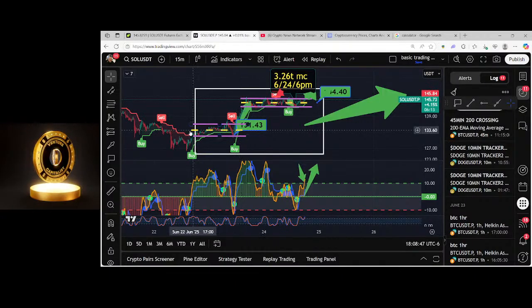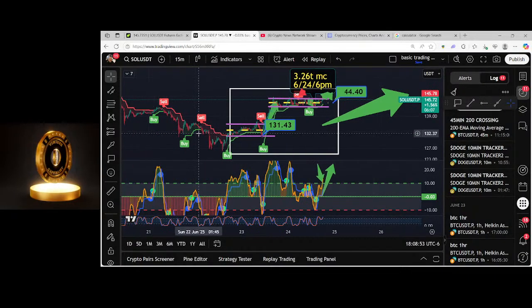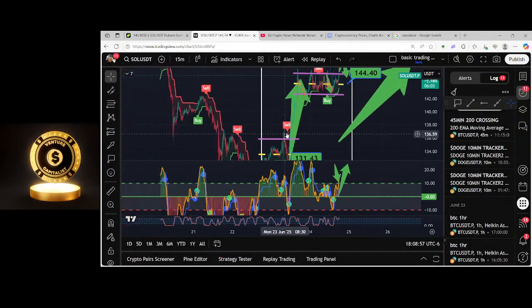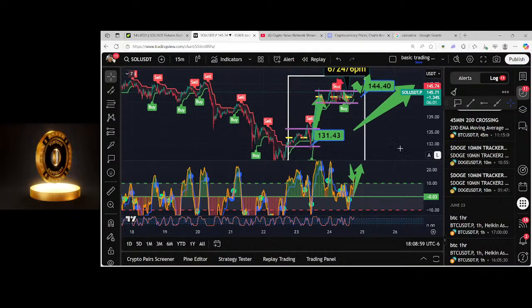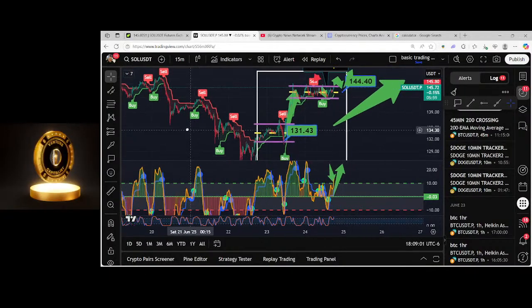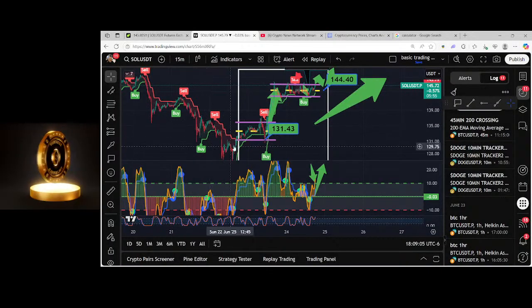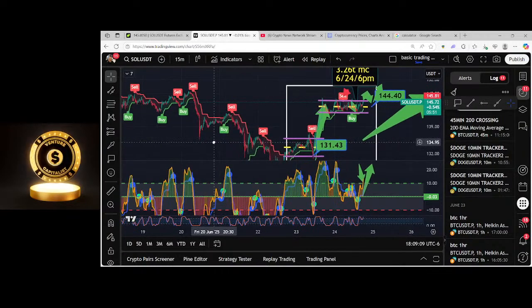It's a lot easier to make your money in these zones with Solana because it moves a lot more, right? That's where you want to be. You want to use a coin that makes sense, where when you buy and sell, it hits the number that you want to hit.